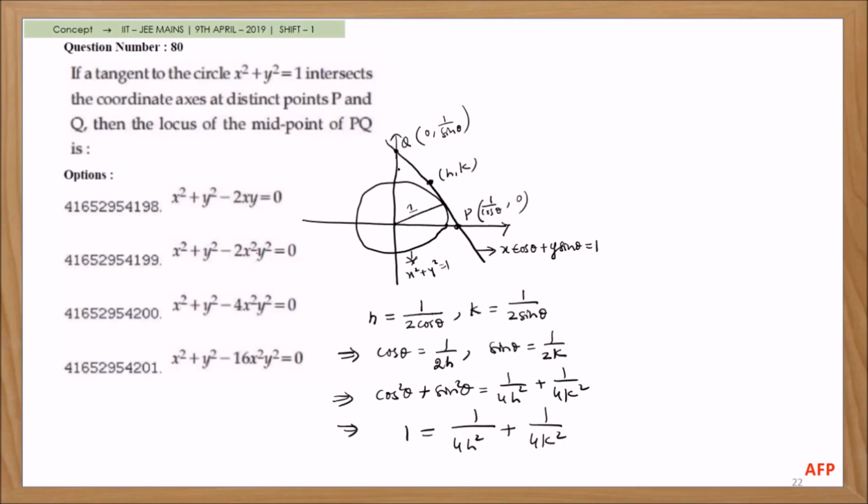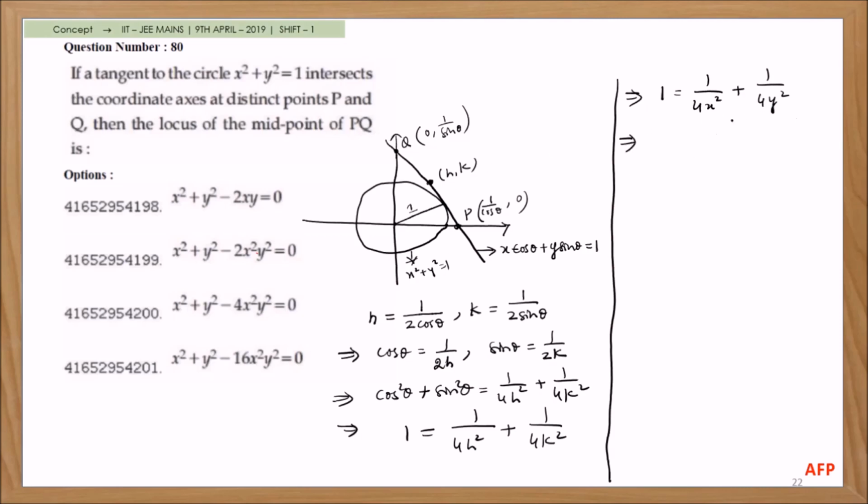So (h, k) is the midpoint. To find the locus of the midpoint, locus means a general point, so we will replace h by x and k by y. So this implies 1 is equal to 1 divided by 4x square plus 1 divided by 4y square, where (x, y) is the locus of the midpoint.